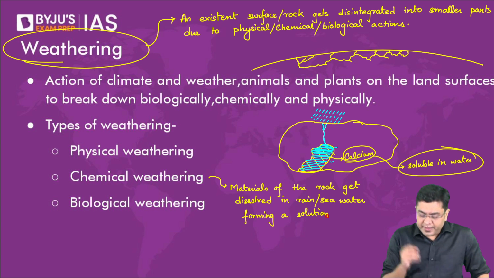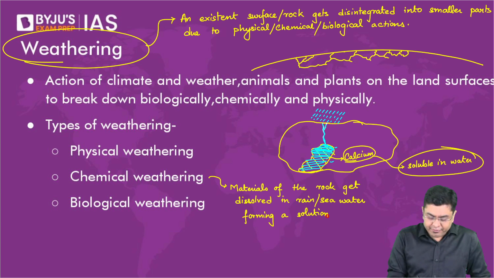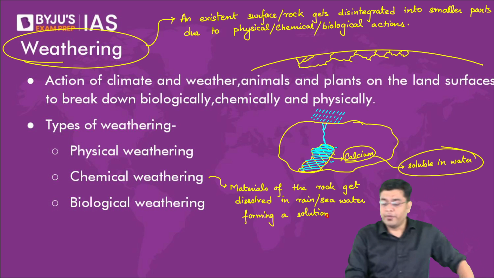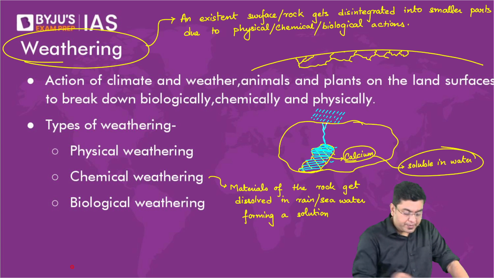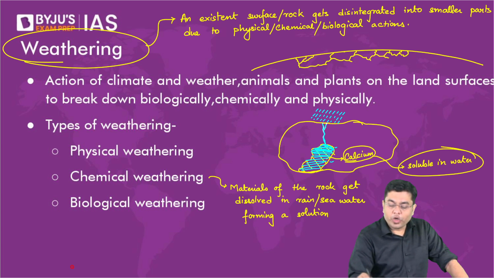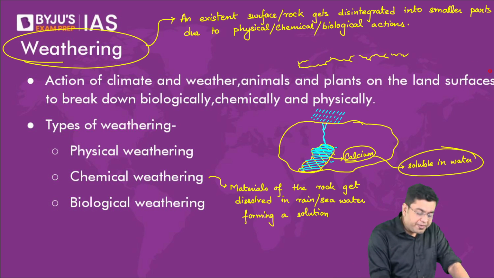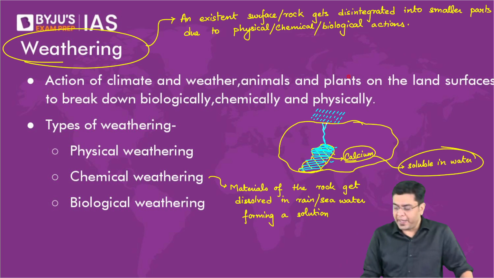Now then we also have what is referred to as biological weathering. Now, what is that case of biological weathering? Let us try to understand that. So, biological weathering, here the events and the actions of the living species come into play. How?